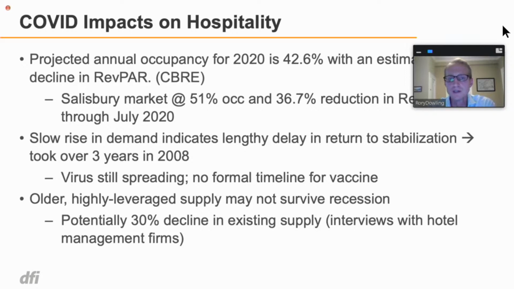It's pretty grim, but at the same time, there could be some opportunity for new hotels to enter these markets. In a market like Salisbury, if they were to lose 200 to 300 rooms, given where occupancy levels were pre-COVID, you would absolutely expect additional demand as a result of some of those older products shutting down.